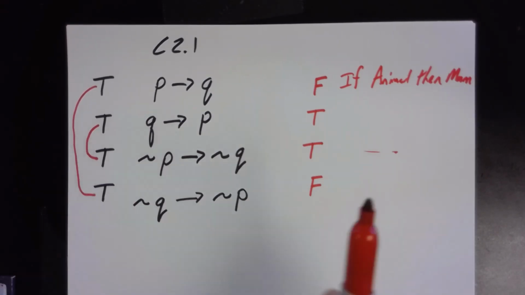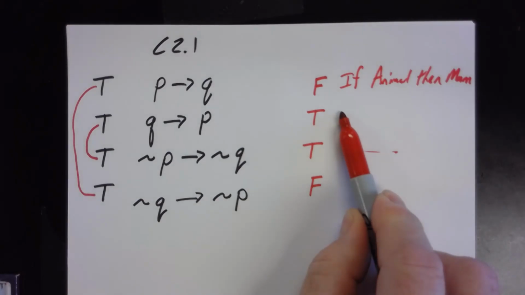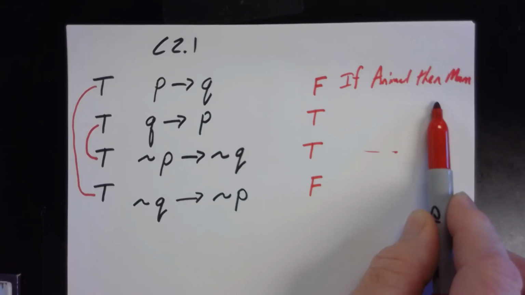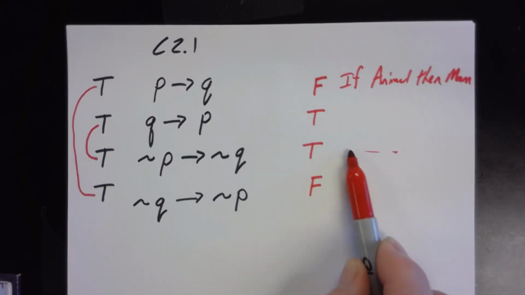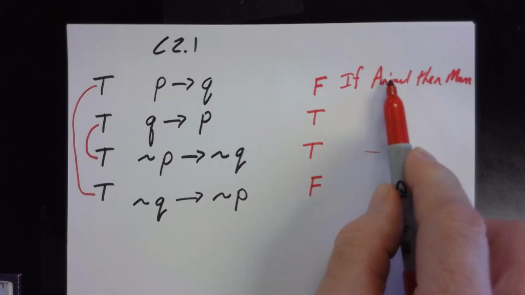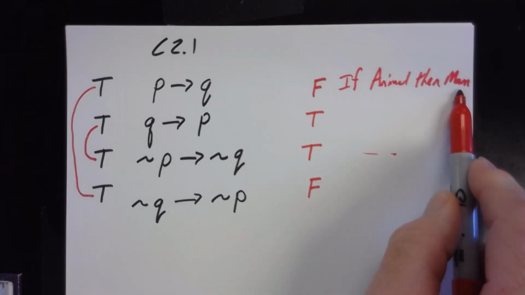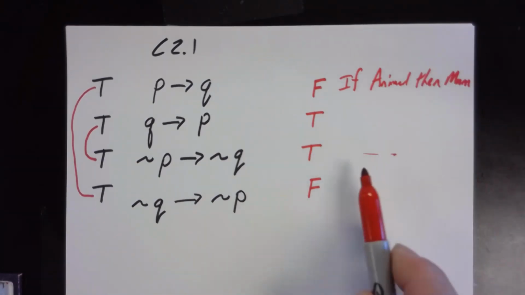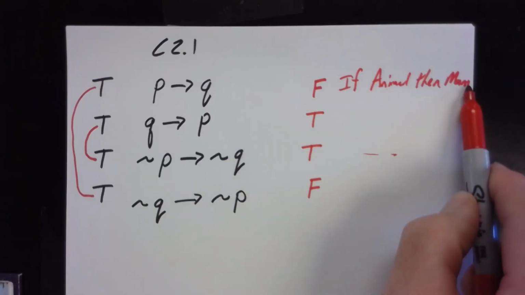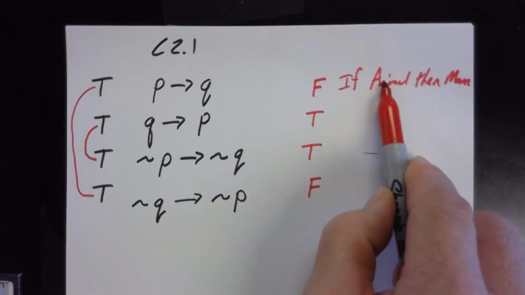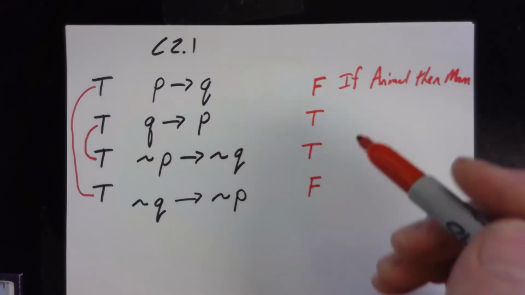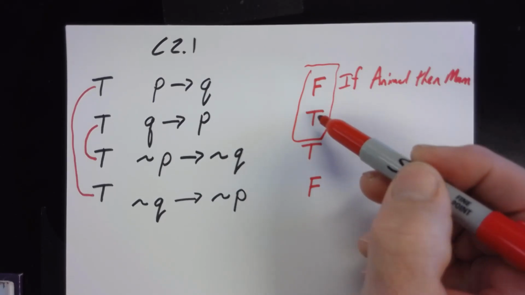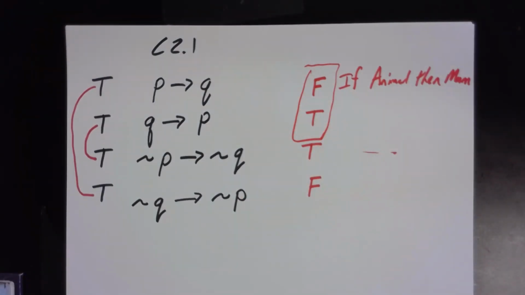But now the converse: if you're a mammal, then you're an animal. That one's definitely true, isn't it? So will the inverse be true? If you're not an animal, then you're not a mammal. True. The contrapositive: if you're not a mammal, then you're not an animal. That's true. So all we have to worry about is making sure the original statement is false and its converse is true, and then we know the other two are going to work out.